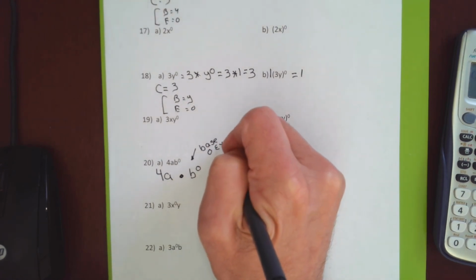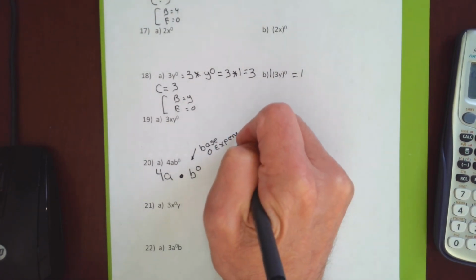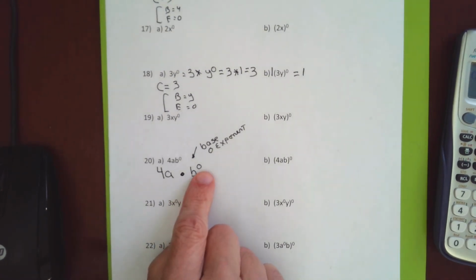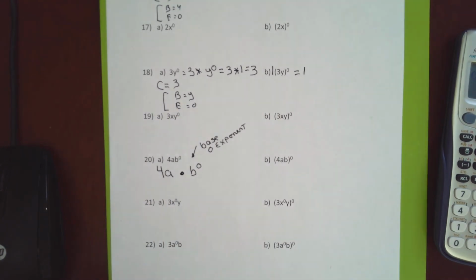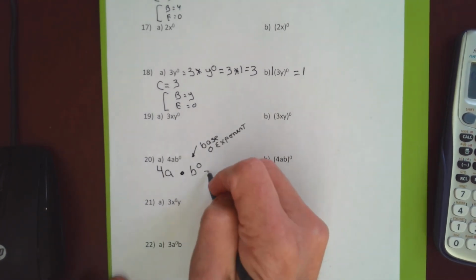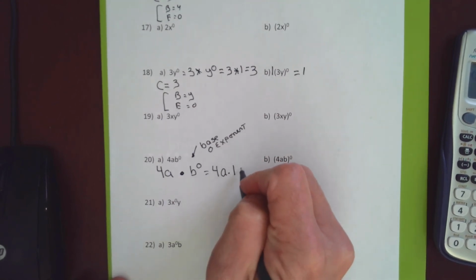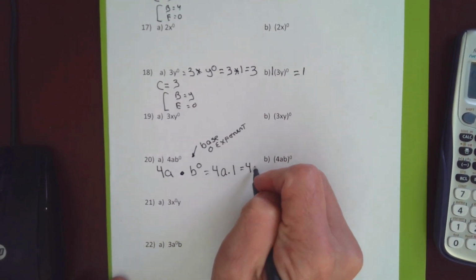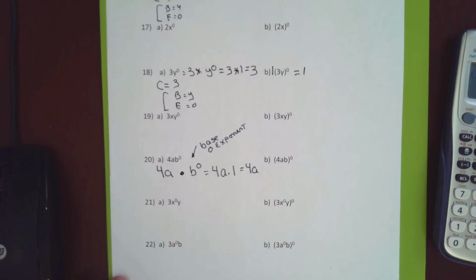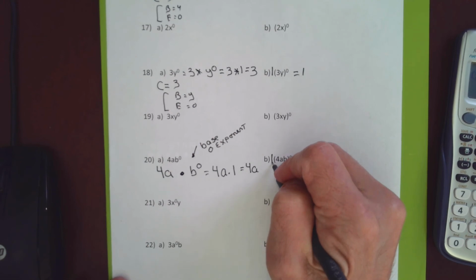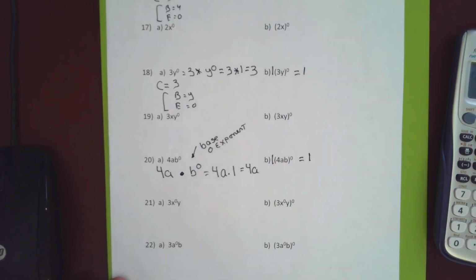When we have a base with a 0 exponent, the base is a positive number, positive letter. When you don't have parentheses, base to 0 exponents are equal to 1. So I have to think of this as 4a times 1, and this whole answer is going to be 4a. Part B, parentheses with a 0 exponent, implied coefficient of 1, that always equals 1.